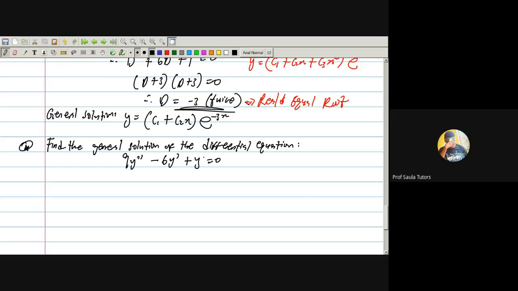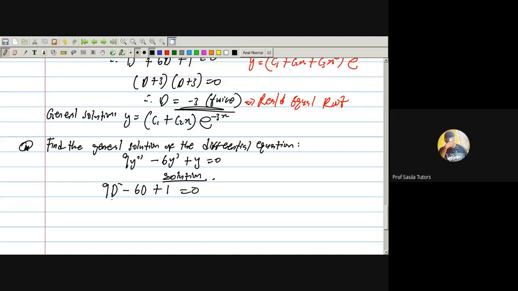Now let's go, 9d squared. So let us now write our characteristic equation. I will go straight to the point. I have 9d squared minus 6d plus 1 equal to 0. Do you see that?